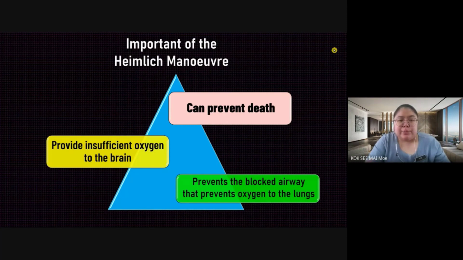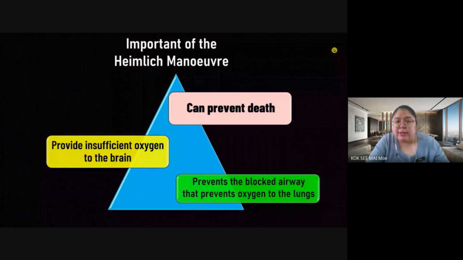And the last one, you need to provide enough oxygen to the brain. If the oxygen is blocked for a certain time, the brain cannot get oxygen and the person will become abnormal, maybe disabled, or they faint and cannot wake up. This is the effect of insufficient oxygen.